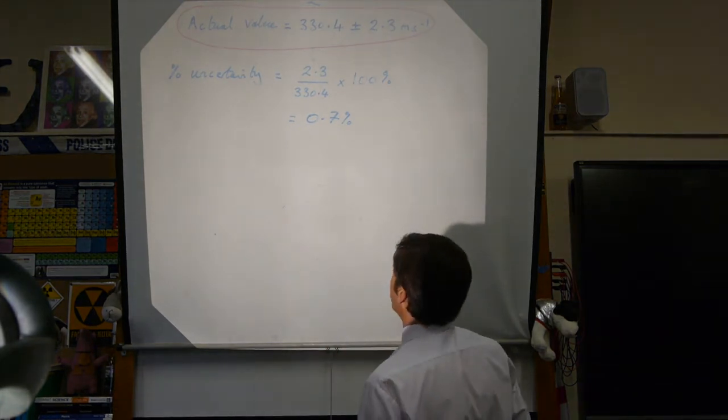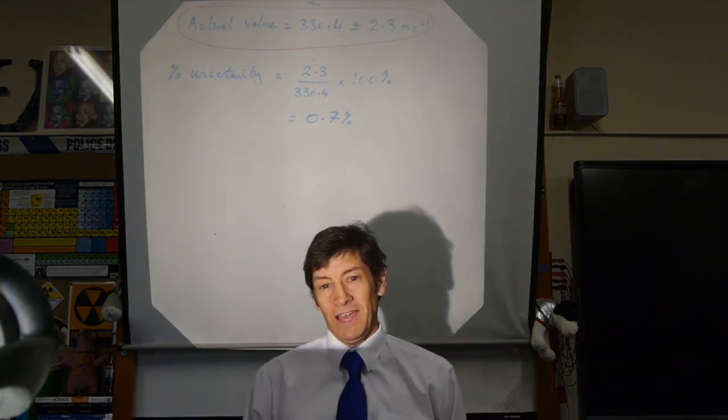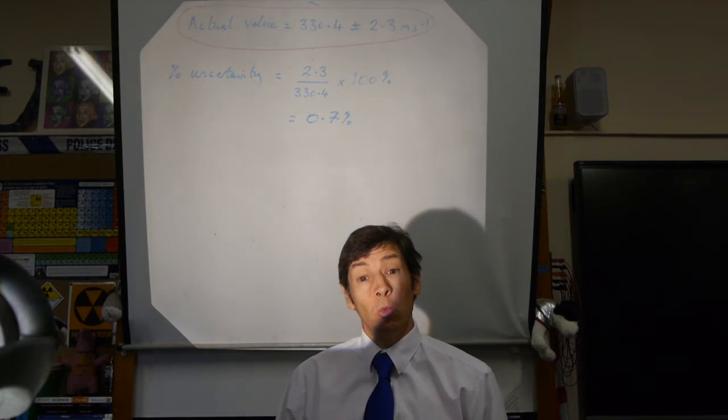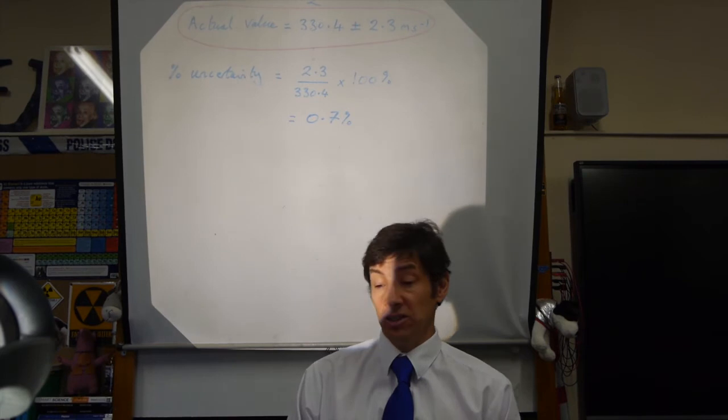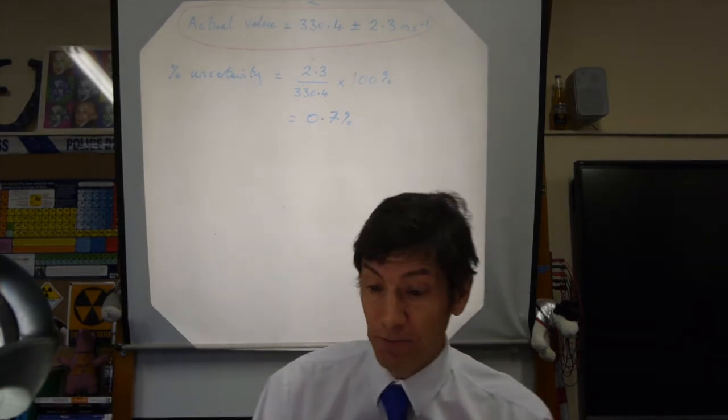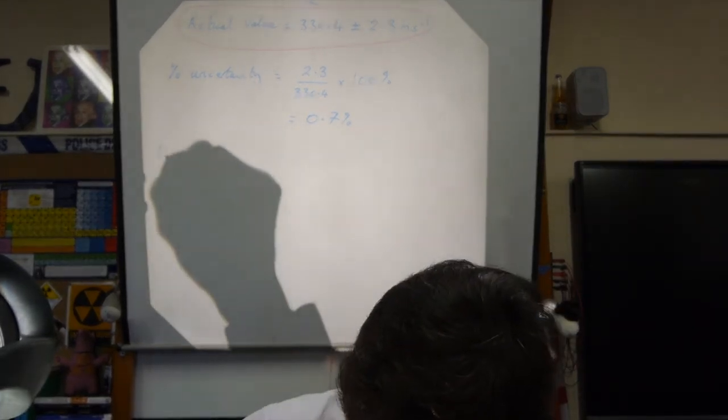But what's important is how that compares to what the textbook says, what the known value is in similar situations. You get quite a lot of this at A-level. So I'm going to ask, how good was our experiment?